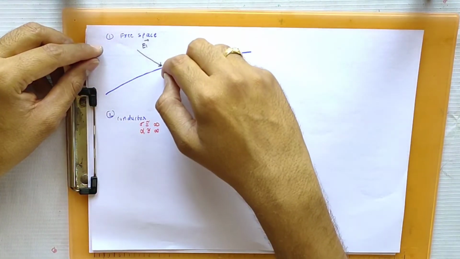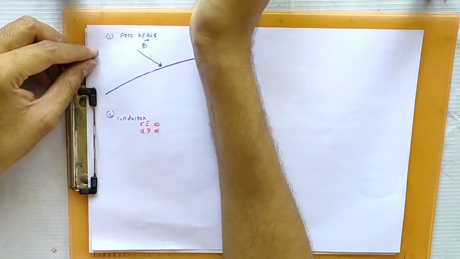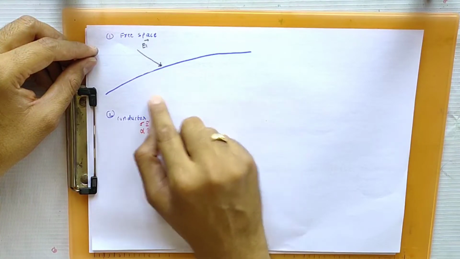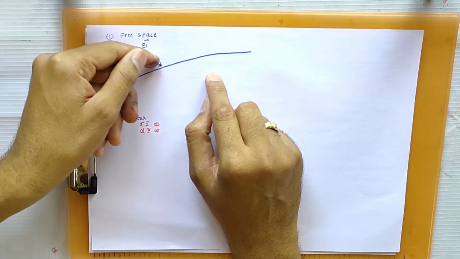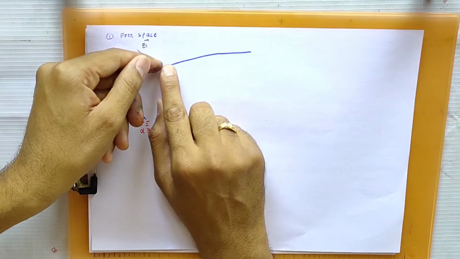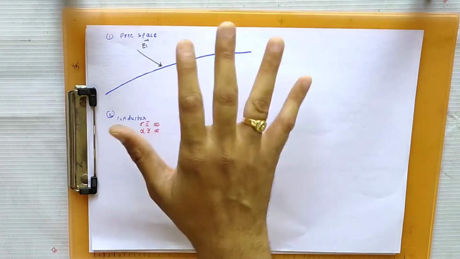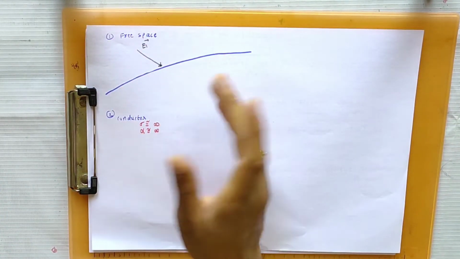Whatever wave enters the second medium is the transmitted wave, and the wave that is reflected back is known as the reflected wave. In a good conductor no electromagnetic wave is present, so whatever wave is incident, the same amount of wave is reflected back. We will discuss the reflection coefficient and transmission coefficient in our next lecture.